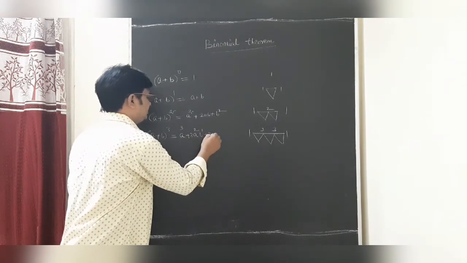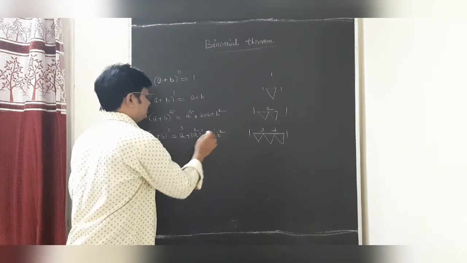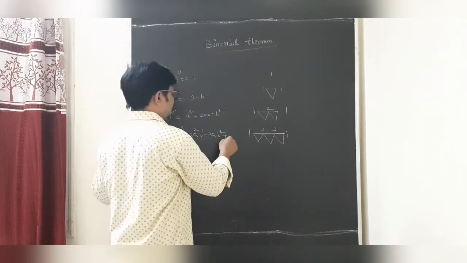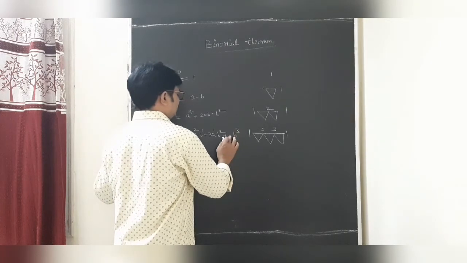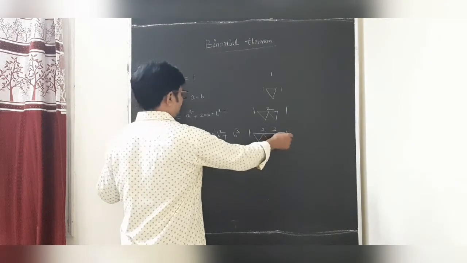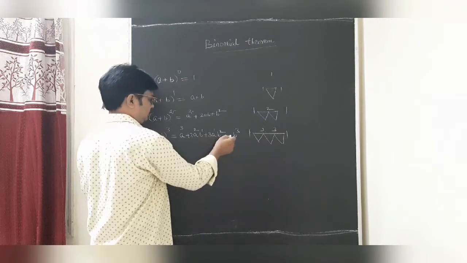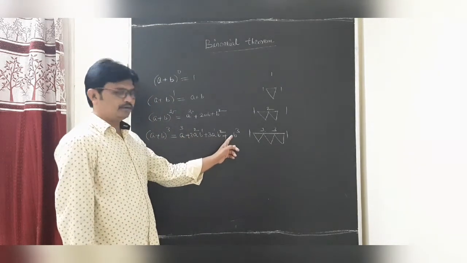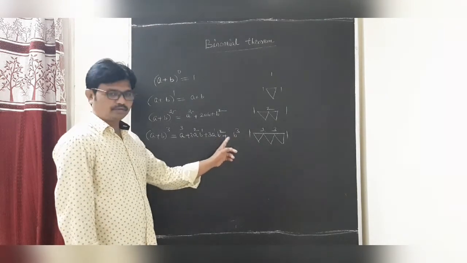After that, 3a power 1 b square. In the second term the indices are increasing by 1. Finally, 1 b cube. So this is 1 3 3 1. First a cube, a square, a power 1, the last term a power 0, and b power 1, b square, b cube.